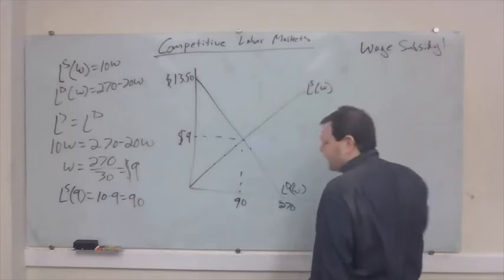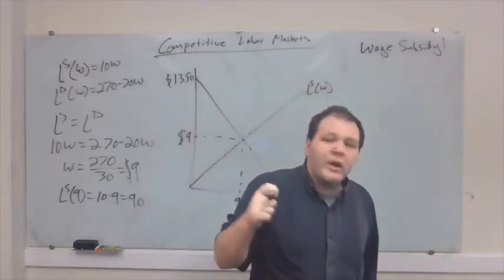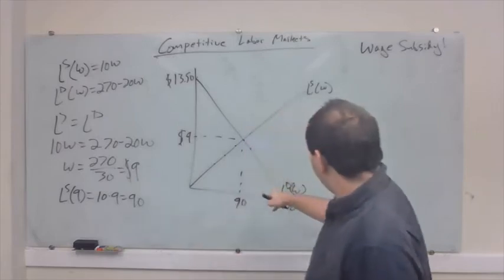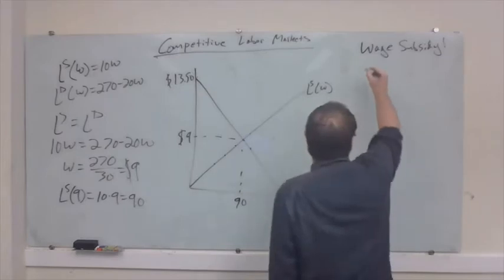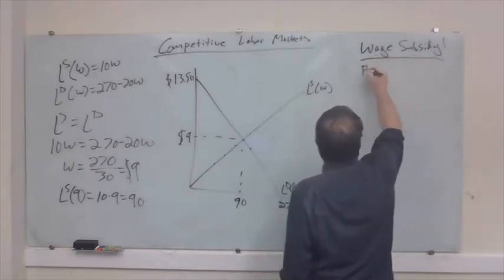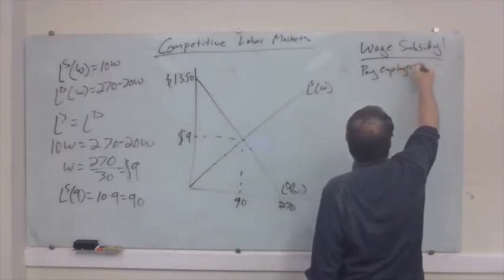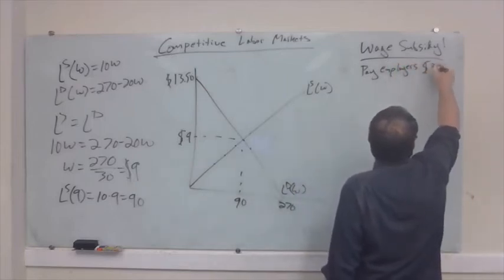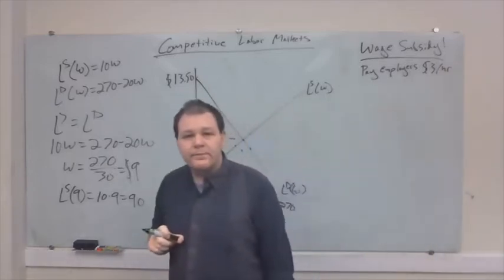In particular, let's imagine that we wanted to encourage employers, right, to hire workers. So we'll pay an employer $3 per hour for the hours that they hire their workers, right? Let's imagine.